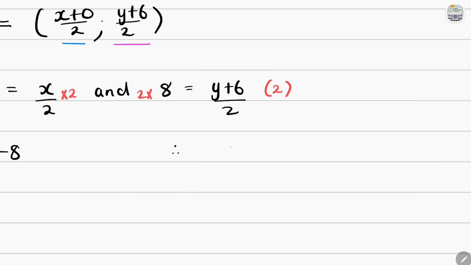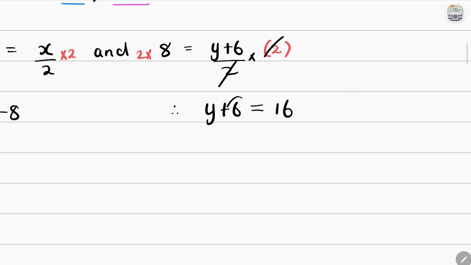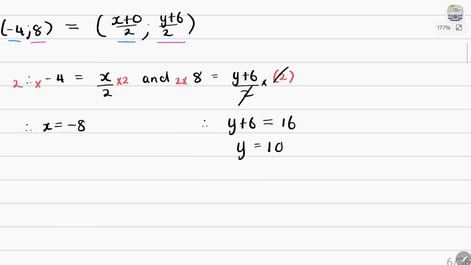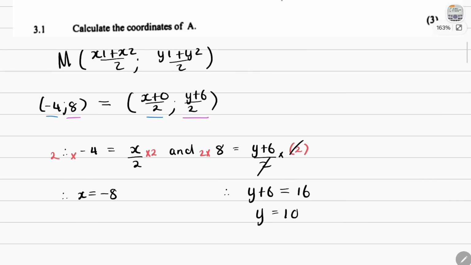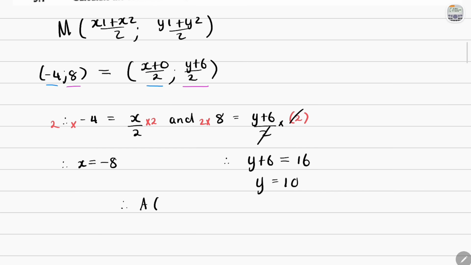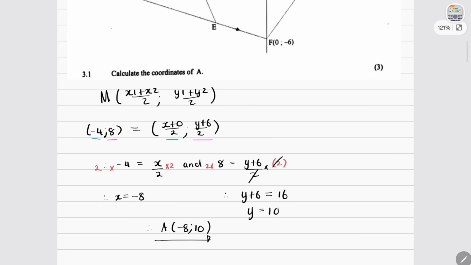And then I'm just going to say this is y + 6 because the 2's would cancel. y + 6 is equal to 16 over there. Then if you transpose the 6, take it over, it becomes negative. That's y is equal to 16 minus 6, which just gives us 10. And so that means that this point A, its coordinates are (-8, 10). And there we go. Moving on to the next question.